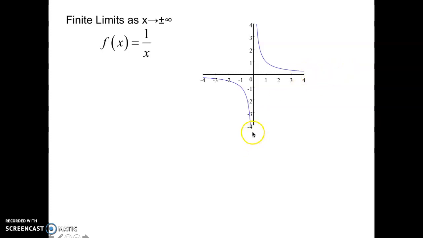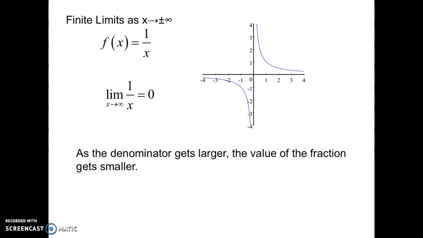We also feel that this is true as x approaches negative infinity. So as x approaches positive infinity, we notice that the curve tends toward, or targets, a value of y equals 0. Never reaches it, by the way, but targets that value. And as x approaches negative infinity, this also happens.